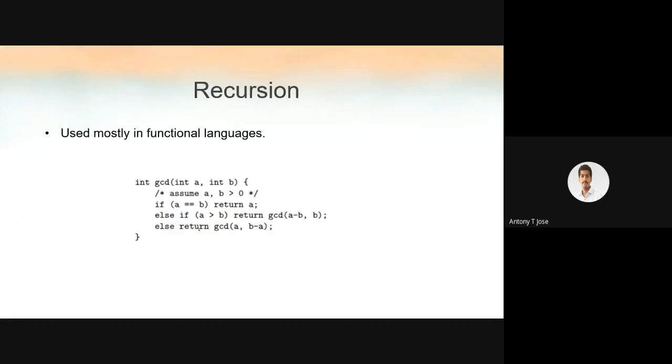Now we move to recursion. What do you mean by recursion? A function calling itself is called recursion. You can see that this is an example of recursion. Factorial is also a common example that you will be dealing with.